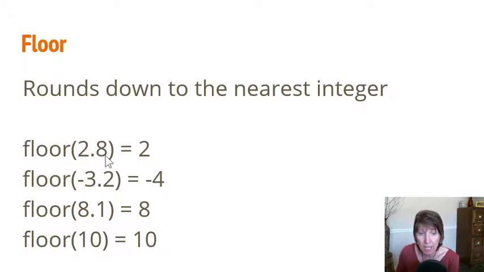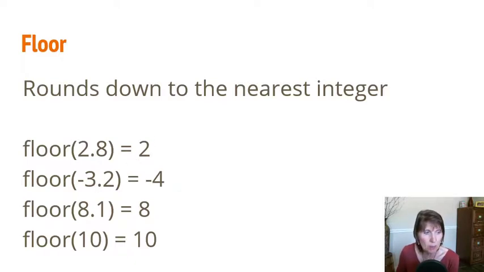So 2.8 would round down to 2. What's the nearest integer when you go down with a negative number? Minus 3.2, if you're going down, the next integer you're going to get to is minus 4. 8.1 rounds down to 8. 10 rounds down to 10. So that's the floor function, and it always rounds down to the nearest integer.